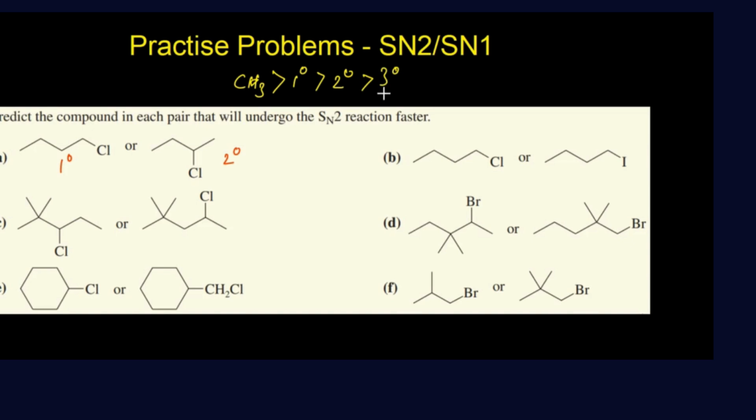Here this is primary and this is secondary, so A will go much faster.